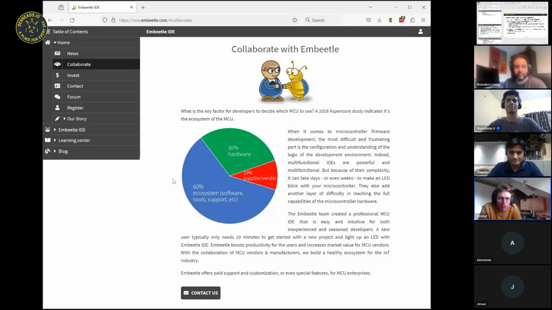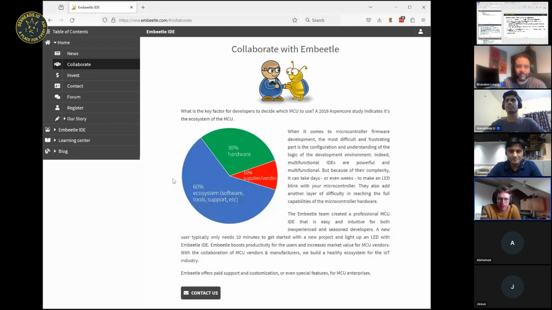And the ecosystem is everything around the microcontroller: the software, the tools, the support, the community, everything around it. And it's not my intention to give a pitch for Beetle here, but that's what we're trying to come up with, to provide this ecosystem for the microcontroller vendors.